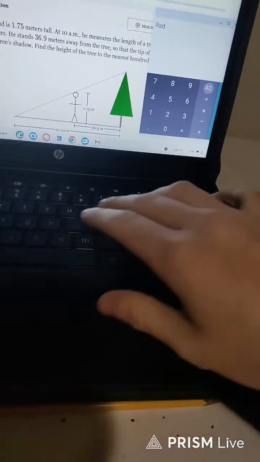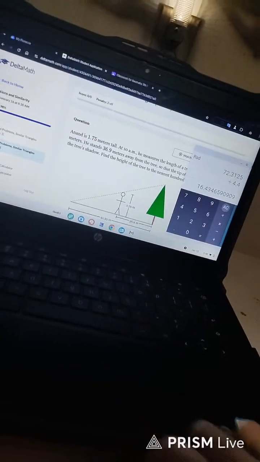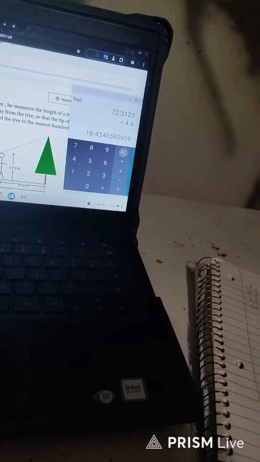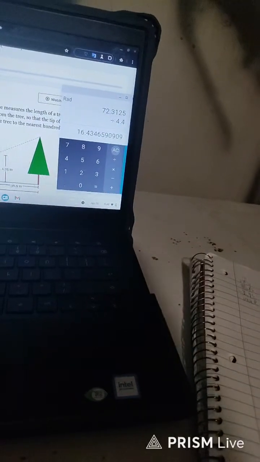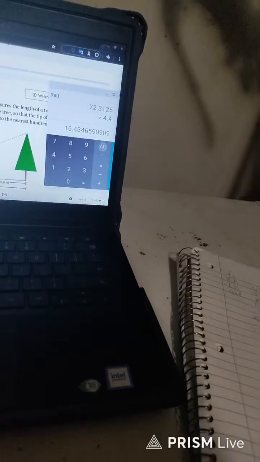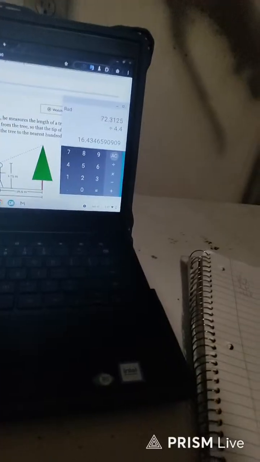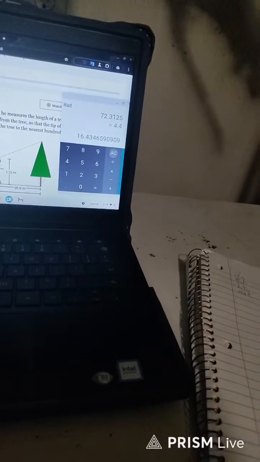72.3125. We come here and input 72.3125 divided by 4.4, and we get 16. Alright, let's divide this by 4.4. And we get x is equal to 16.4346.